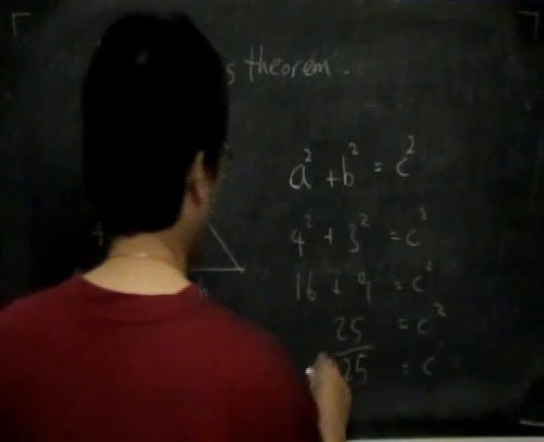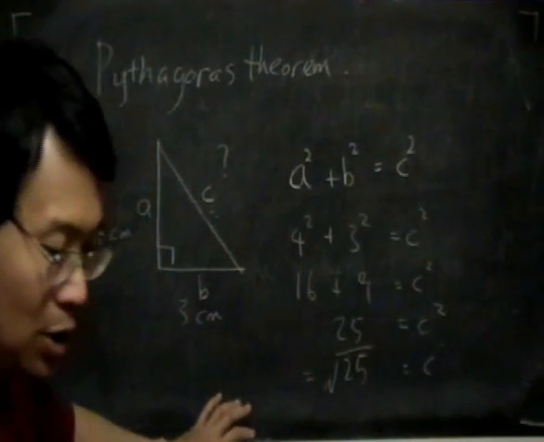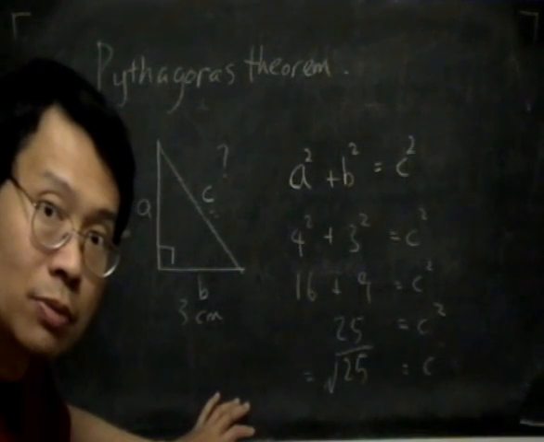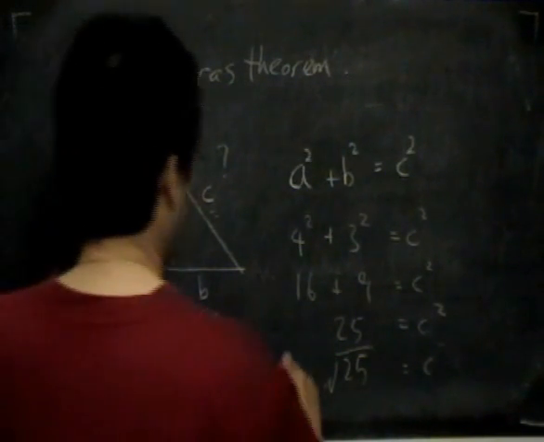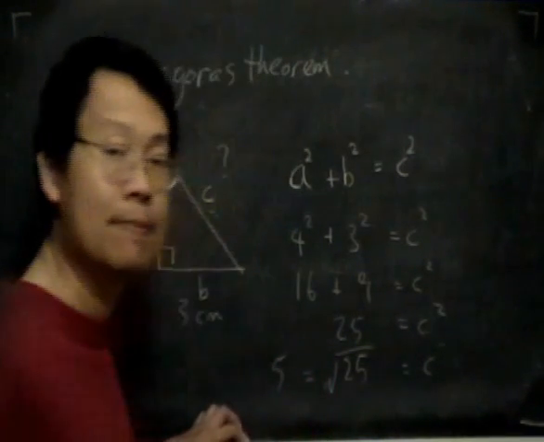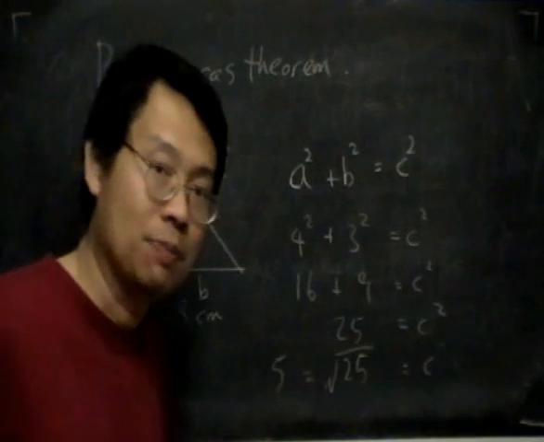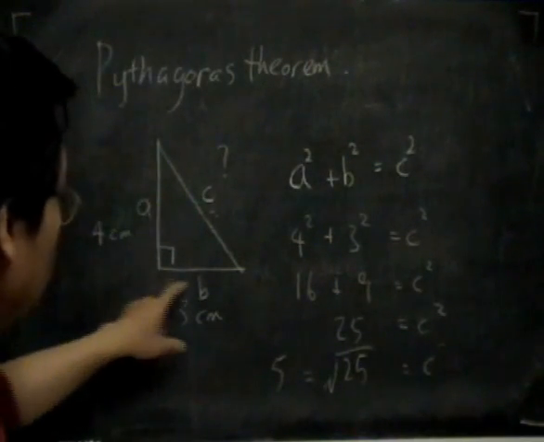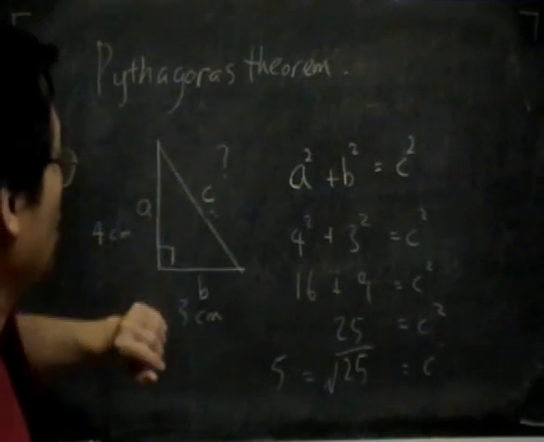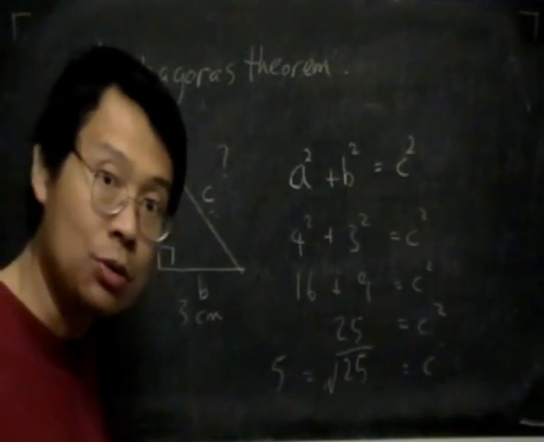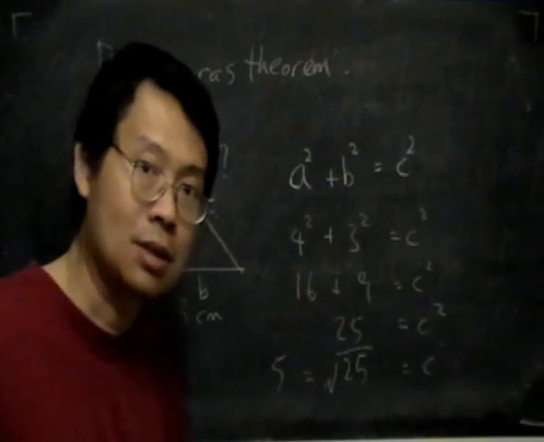But in this case, we happen to know that 25 is equal to 5 times 5, which is equal to 5 squared. So therefore, the square root of 25 is just 5. So that's how we can use Pythagoras theorem. If you know the two sides of a right-angled triangle, this theorem allows you to find the length of the longest side.